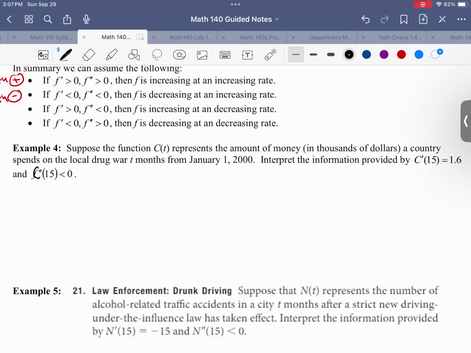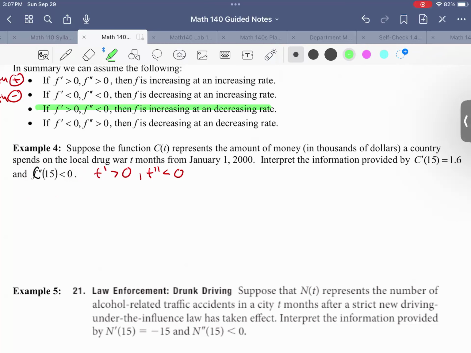Okay, so if we relate this to the table up here, we have our first derivative, C prime of 15 equals 1.6. So what that's saying is it's positive, so it's greater than 0. That's our first criteria. And if I look at the second derivative, it says that it's less than 0. So f double prime is less than 0. So it's going to fit this one right here.